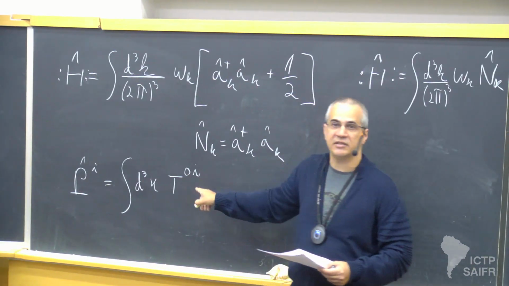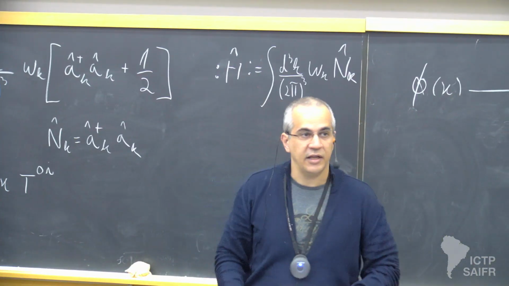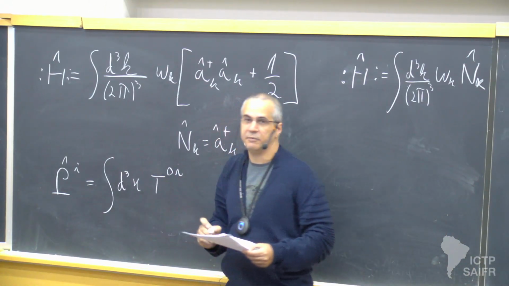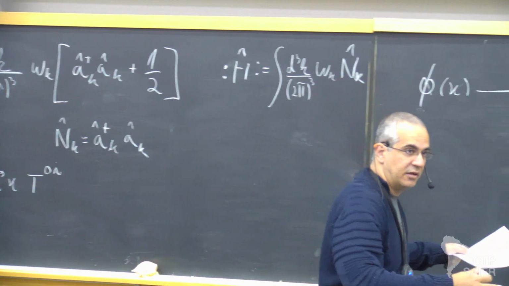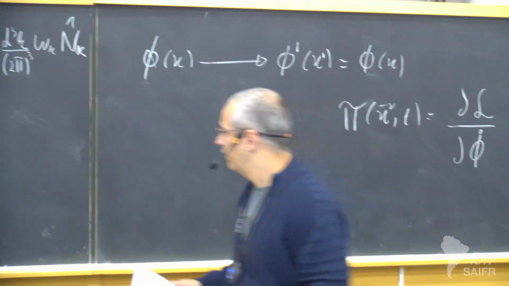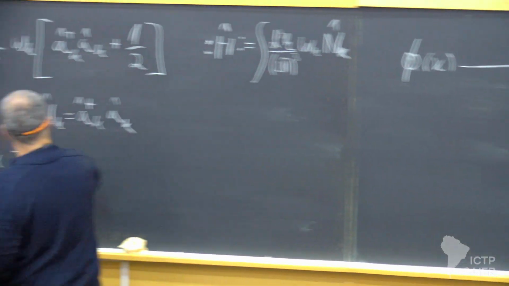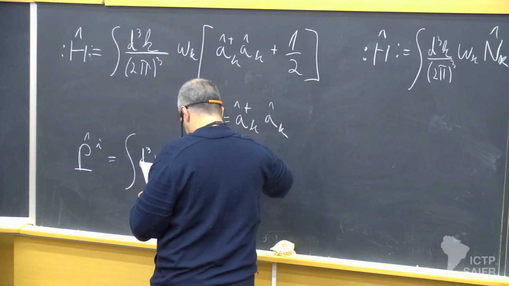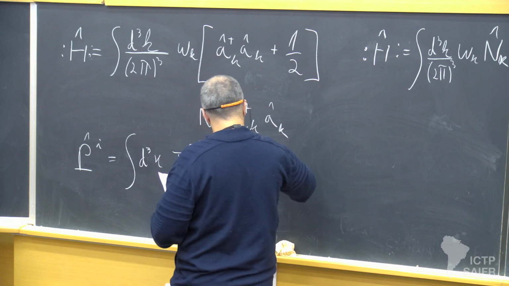So this is the stress energy tensor, and the space components of the stress energy are the things conserved under spatial translation. And you can now write this guy in terms of A dagger, and it turns out that you get this.